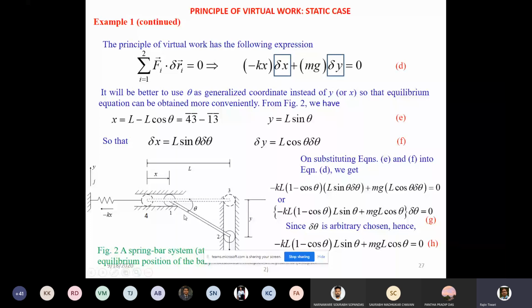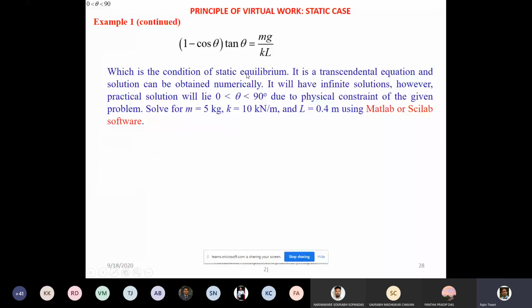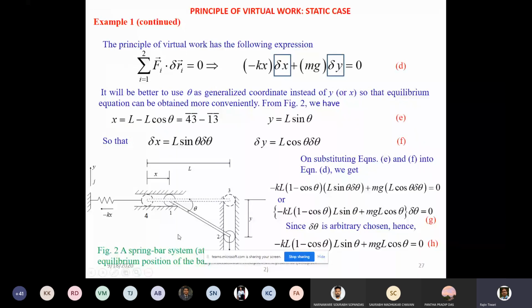This is a transcendental equation, so you'll see that there will be infinite solutions, but we need to find out which is the feasible solution among those. You can see that theta can take a maximum of 90 degrees because of the constraint. It cannot go beyond that. So we need to choose the solution between 0 to 90, and that will be the feasible solution.